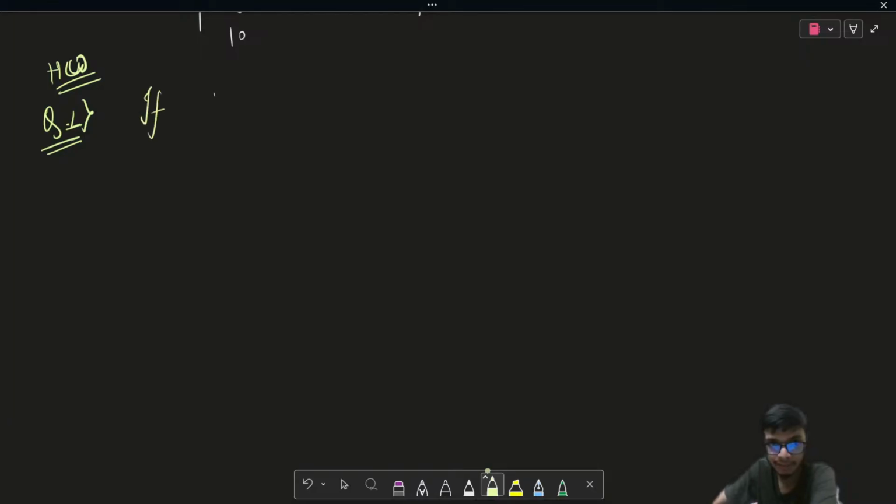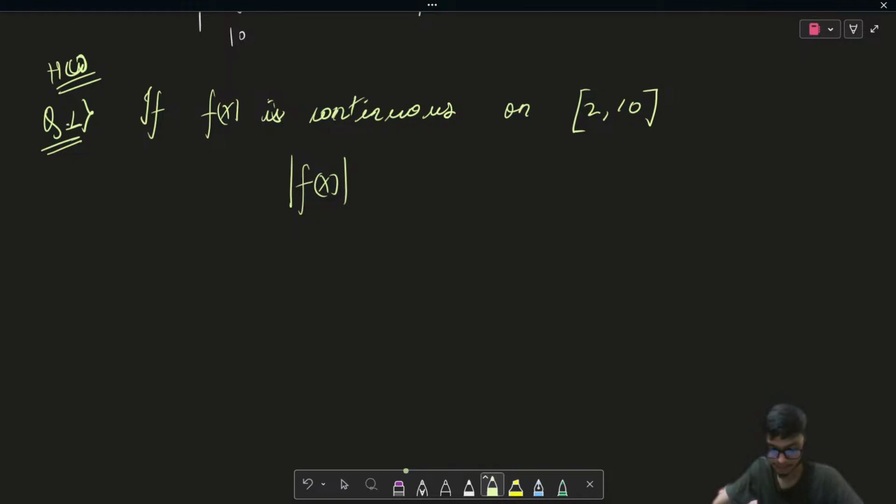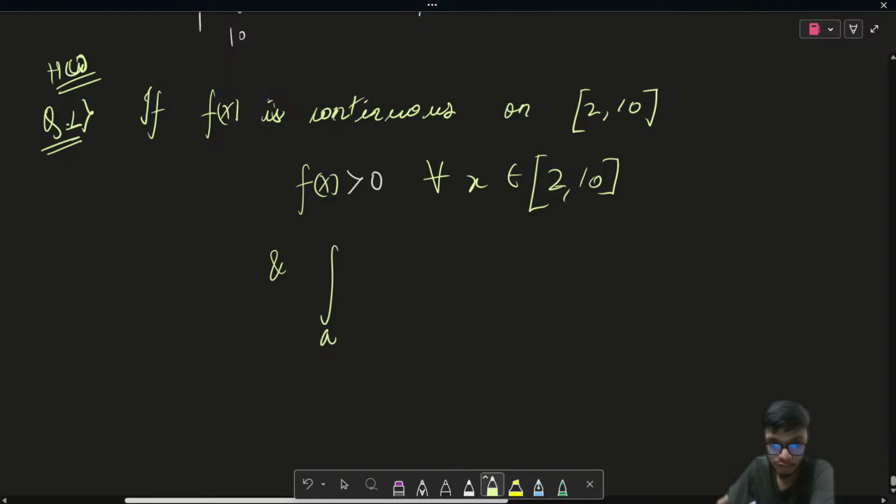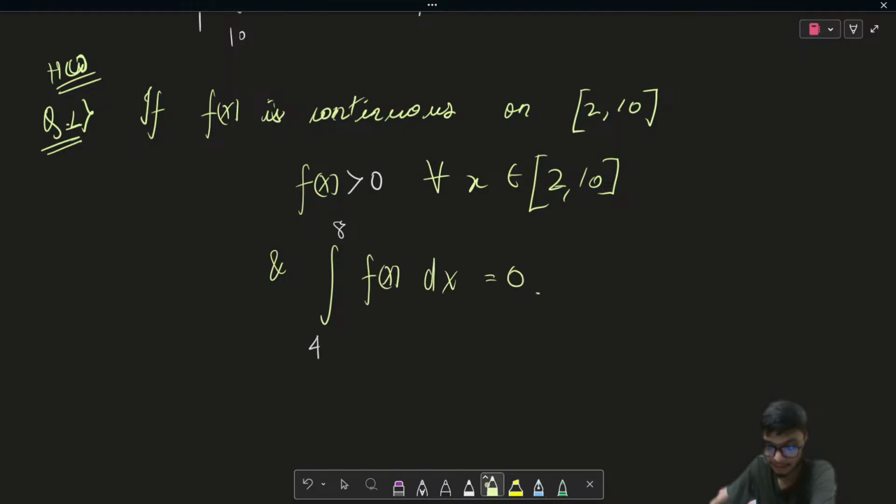The first question says that if I have a function which is continuous on x going from 2 to 10, and the magnitude of this function is greater than 0 for all x belonging to 2 to 10, and I have the integral going from 4 to 8 of f of x dx, and this result is equal to 0, then please try to find the value of the function at x equal to 6.